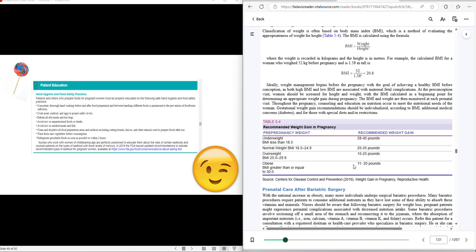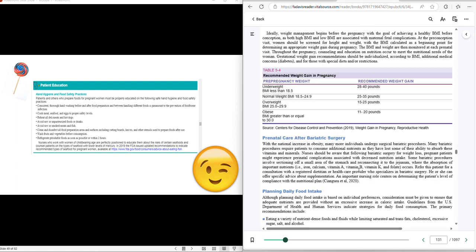Now, if you have somebody that's underweight that has a BMI less than 18.5, then they can gain up to 40 pounds and still be okay. It's just, we don't want them gaining too much and being susceptible to diabetes or anything during the pregnancy, because it can make it worse.